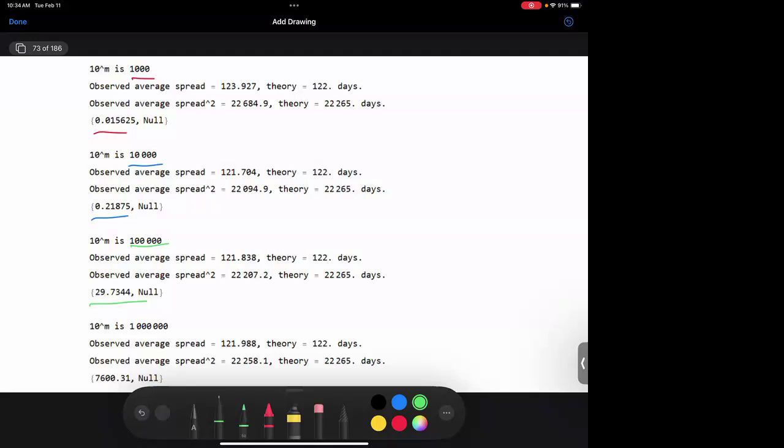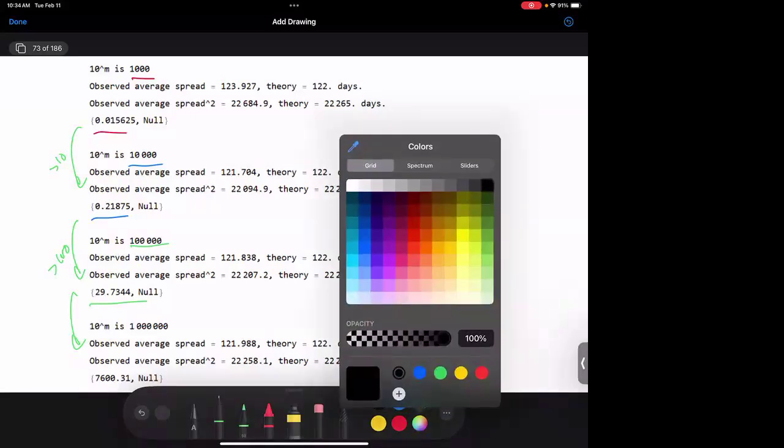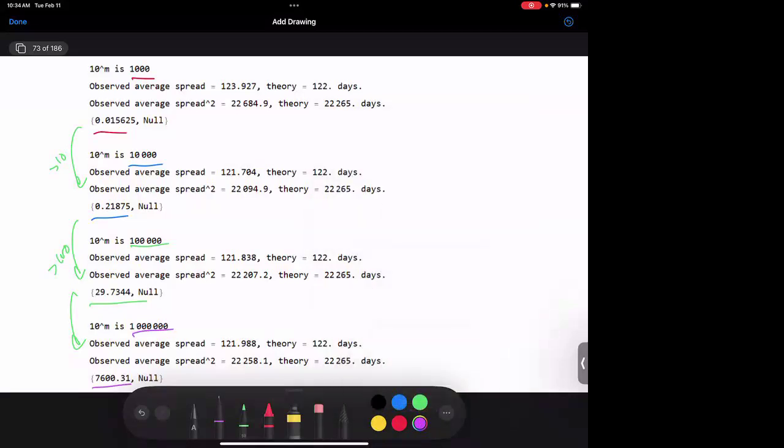So it goes from a little bit more than a factor of 10 to now a little bit more than a factor of 100. And now over here, to go from 29 to 76 seconds, I need a new color. If I multiplied by 100, that would be not enough.